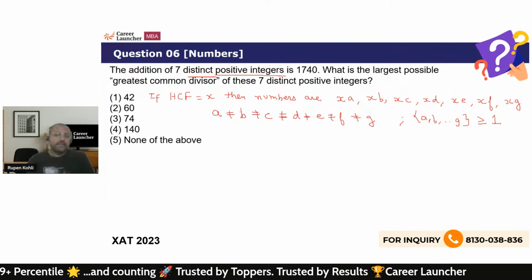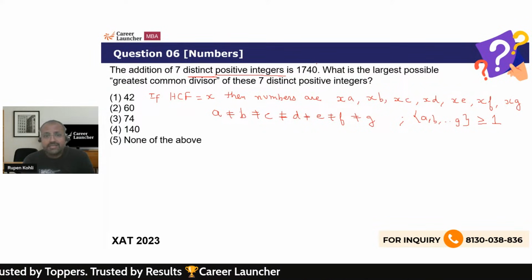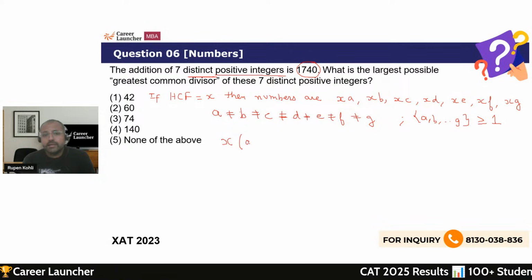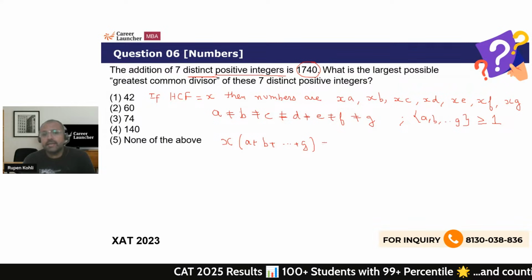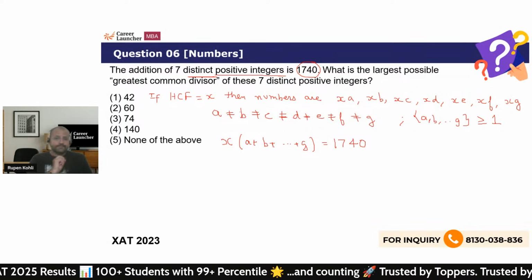They are positive because all of these numbers are positive integers, and we know that their sum is 1740. So x times (a plus b plus c plus d plus e plus f plus g) is 1740. Now let's break down this number 1740.